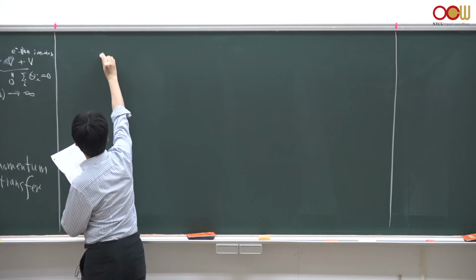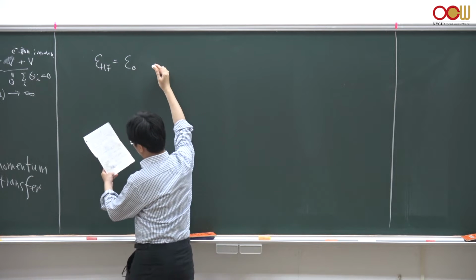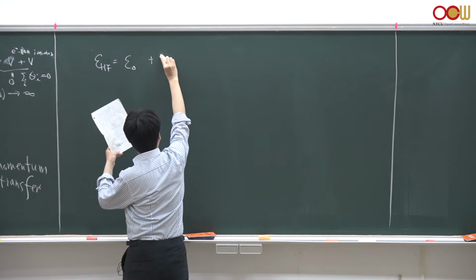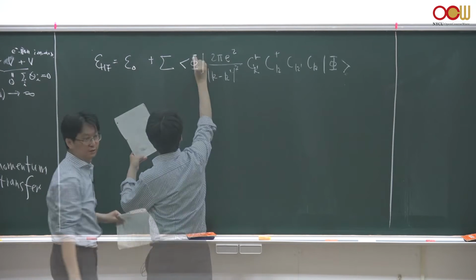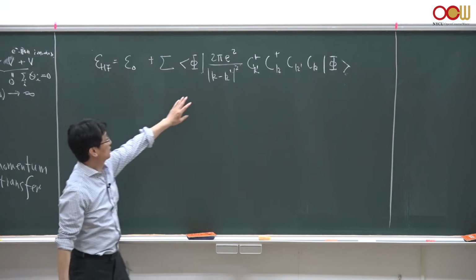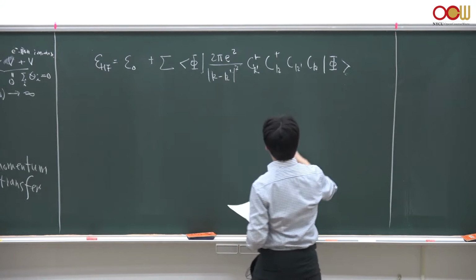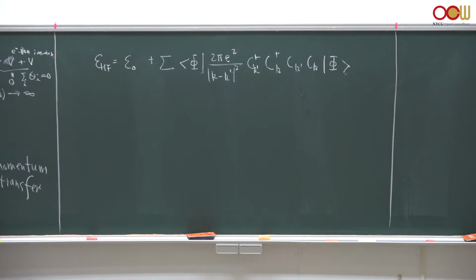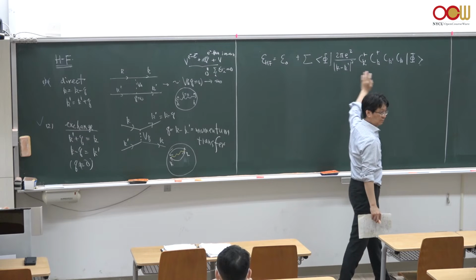So the Hartree-Fock energy is given by the kinetic energy of the free electrons, plus this exchange energy, which is this. So now we need to study this, as we emphasized last time, that the initial states and the final states should be the same in order to have a non-zero matrix element, right?